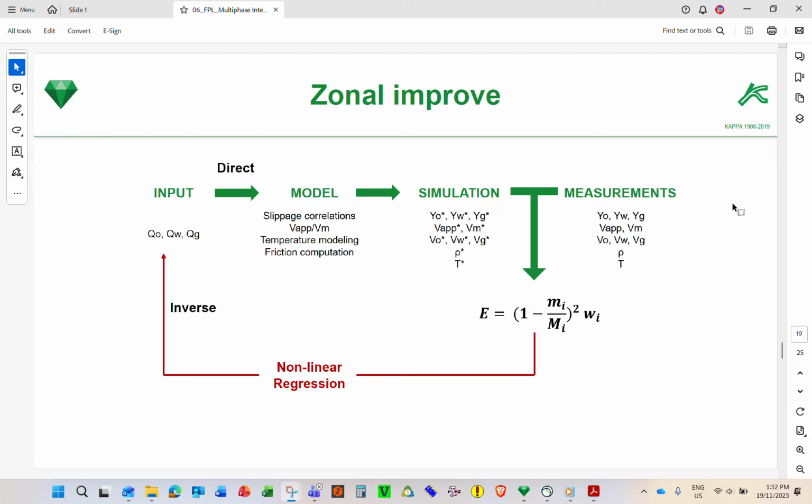So we do have some tool readings: Y water from capacitance, for example, and YG from GST or optical. PM is from the calculated PM, or you might have some direct calculation of PM.